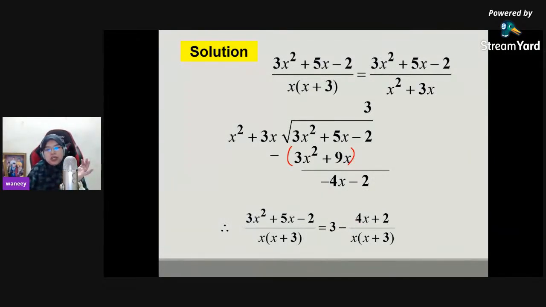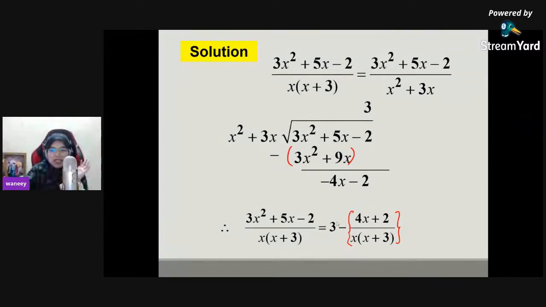So that means we will be left with 4x plus 2 over x plus 3. So this is the term that we are going to do partial fraction. Okay, so now we only consider 4x plus 2 over x plus 3. So kita tengok yang proper tu saja dan kita buat partial fraction.